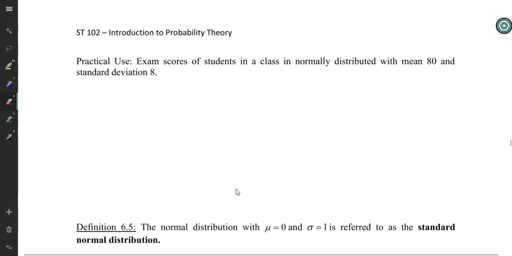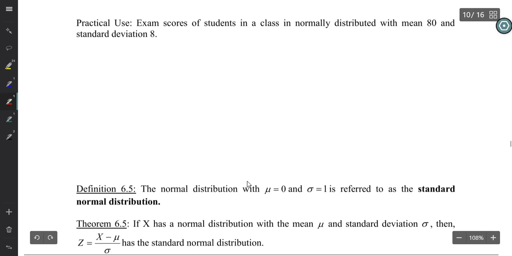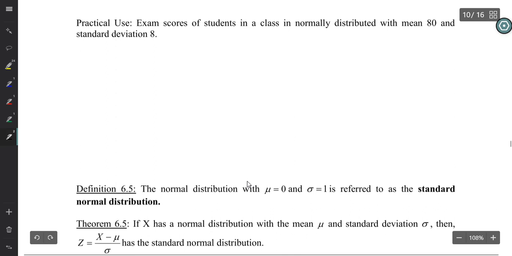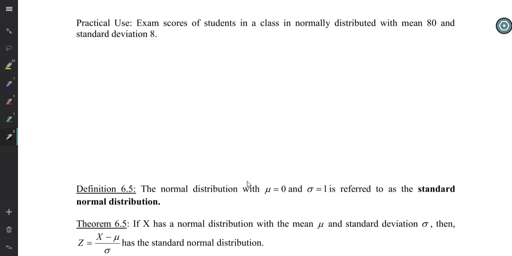Now let's look at some practical uses of the normal distribution. Exam scores of students in a class is normally distributed with mean 80 and standard deviation 8. How do you explain this? Our random variable x is exam scores.